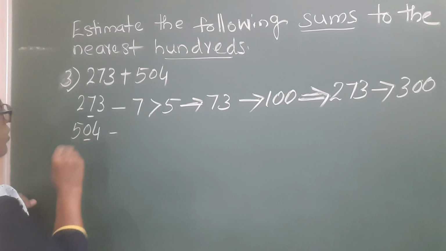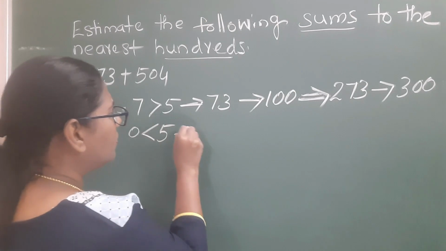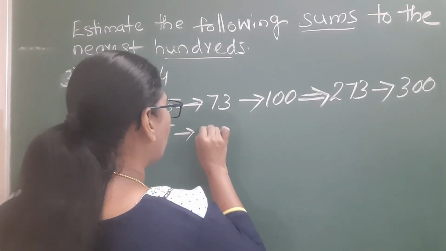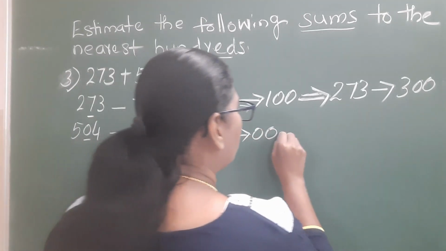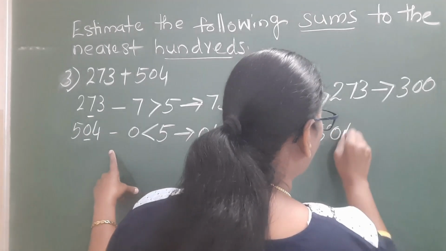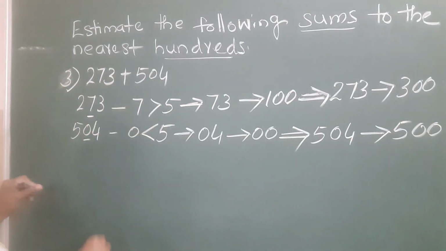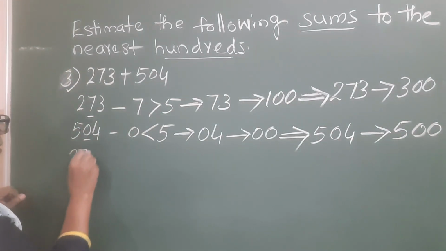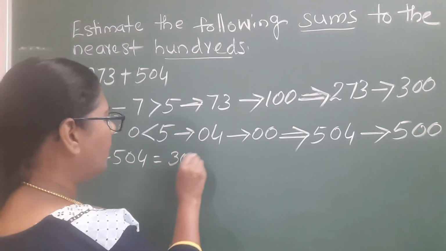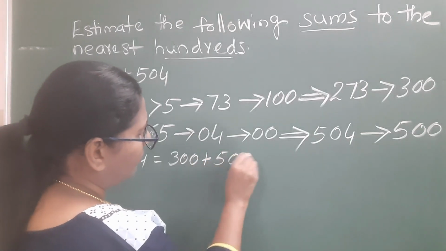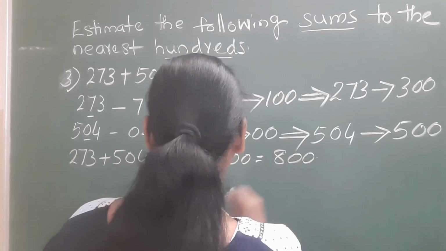In 504, 0 is in tens place. 0 is less than 5. So 04 rounds off to 0. So 504 rounds off to 500. Now we have to do the addition. 273 plus 504 is equal to 300 plus 500 is equal to 800.